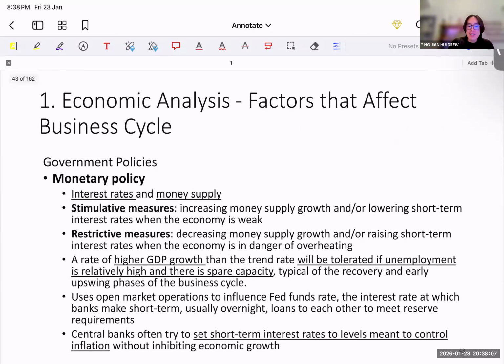In terms of monetary policy, this is where we look at the interest rate, the money supply. Again, it will be a factor that could influence your analysis of how the company is operating in that environment, in that particular country. We generally have either a stimulative or kind of restrictive measure in monetary policy.